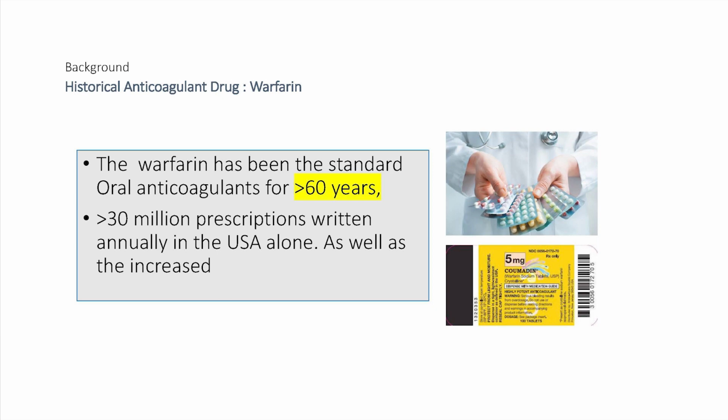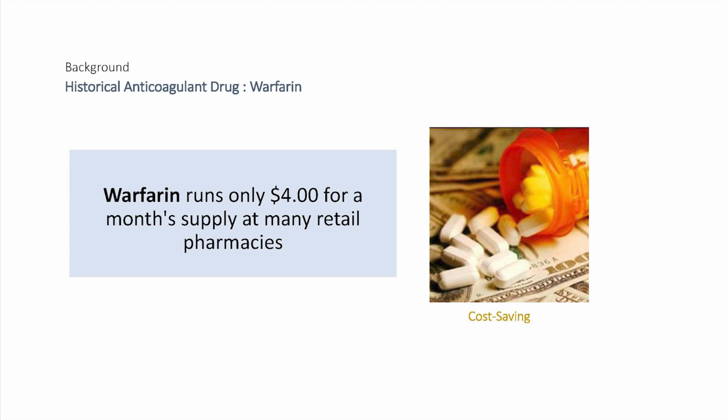We continued to use warfarin for many years, more than 60 years, and about 30 million prescriptions are written annually in the United States alone, and it is still increasing now. Warfarin is a very cheap drug. It costs about $4 for a monthly supply from the pharmacy.